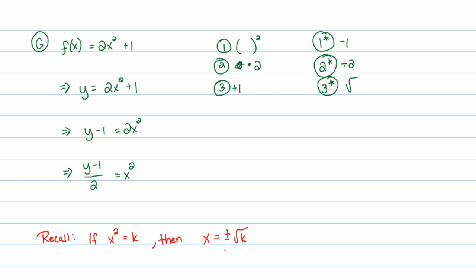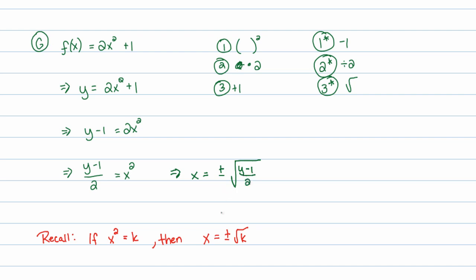The reason why is that x could have started as a negative number. When you square it, it could become that positive k. So it could have been negative or positive to begin with. We have no idea. So when I take the square root of both sides here, this will imply that x is equal to plus or minus the square root of (y minus 1) over 2.